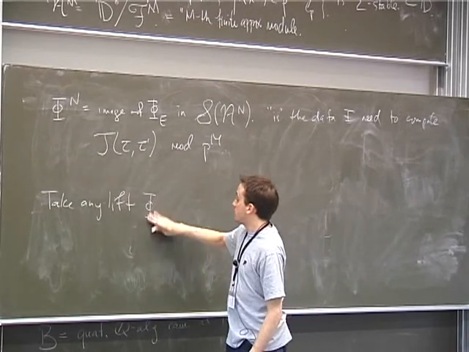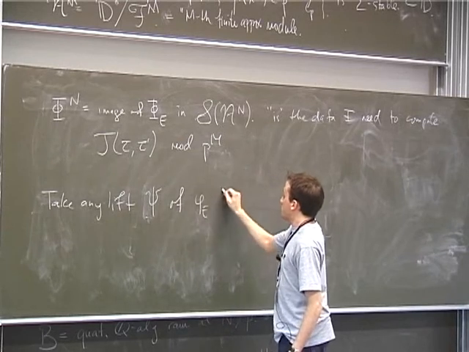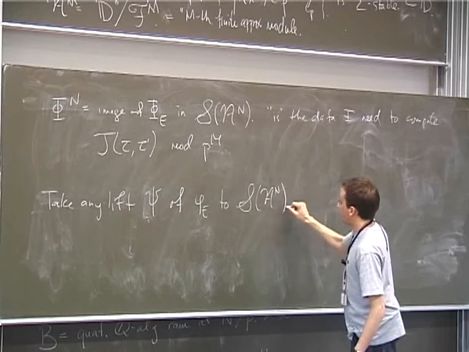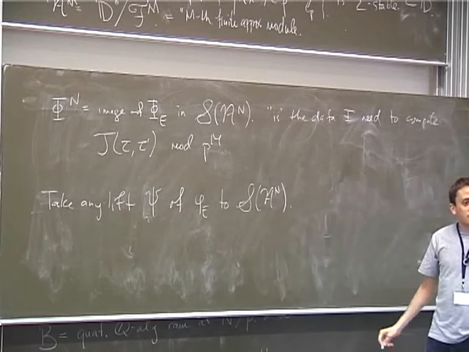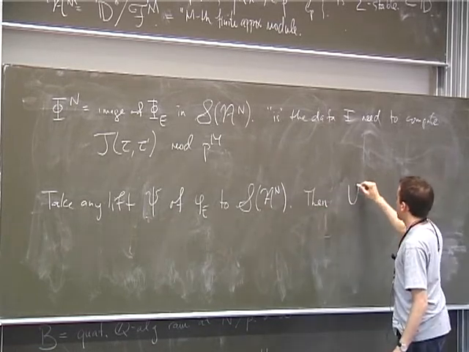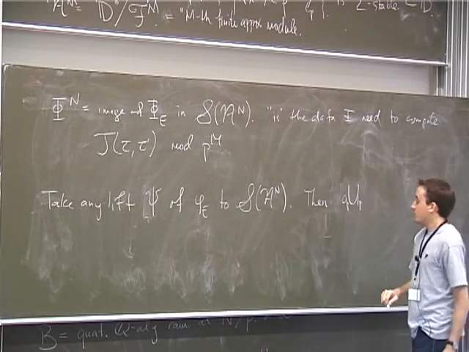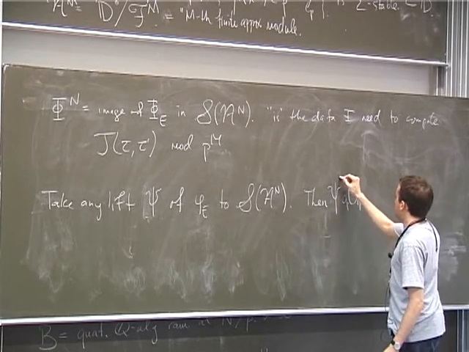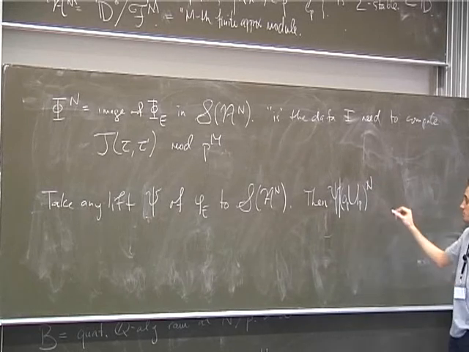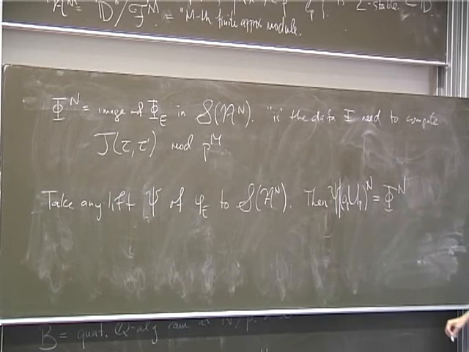Say any lift at all of phi in A_n. Then if you look at the UP operator and apply it to phi n times, you get what you want.